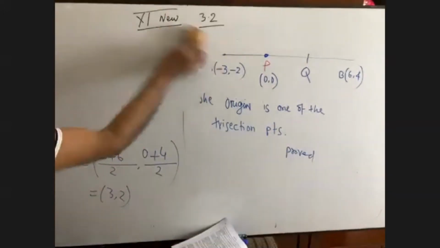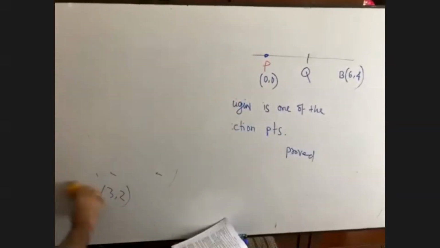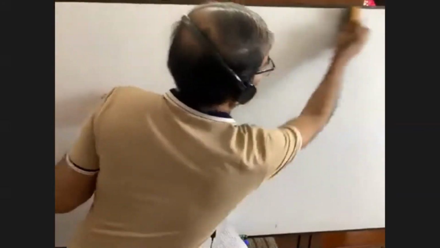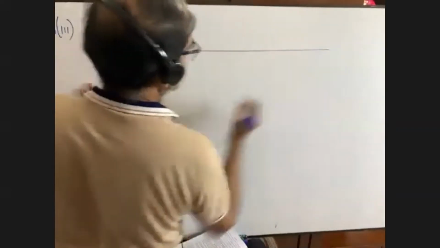Now we are going to question number 3 of 3. All of you should pay attention because it's a little bit tricky math. What is given? Two points are given in this way.